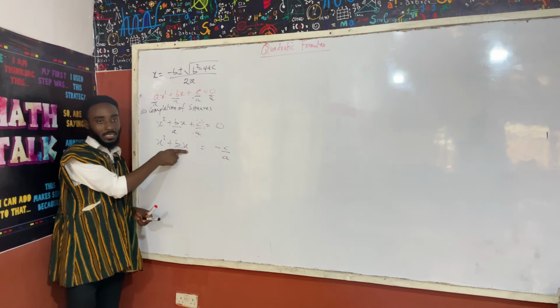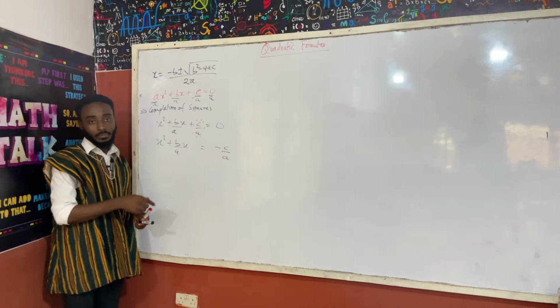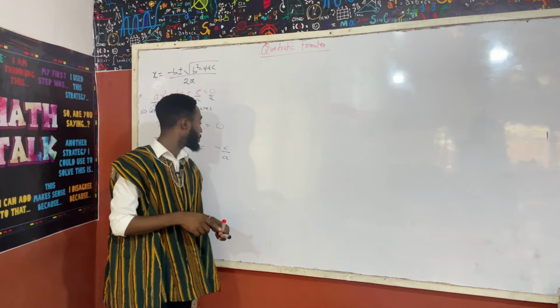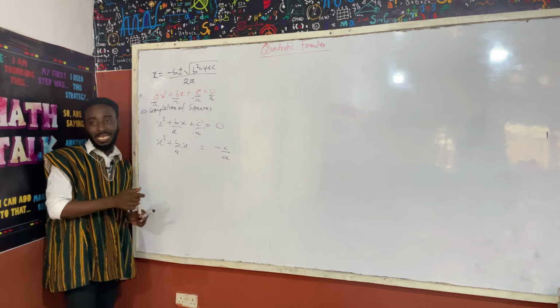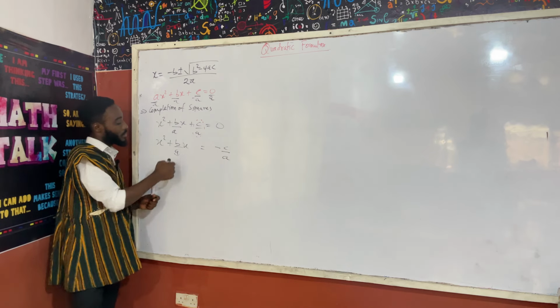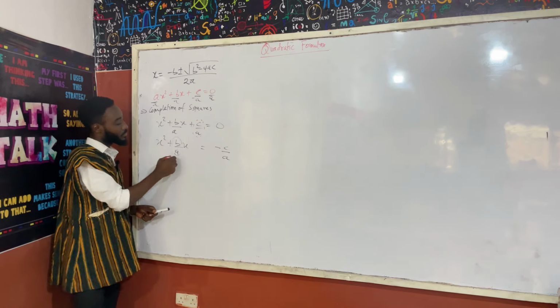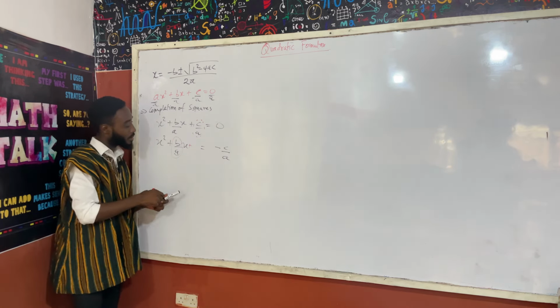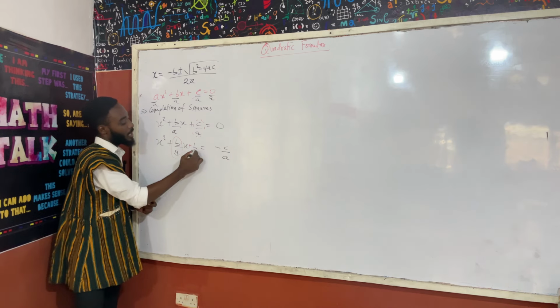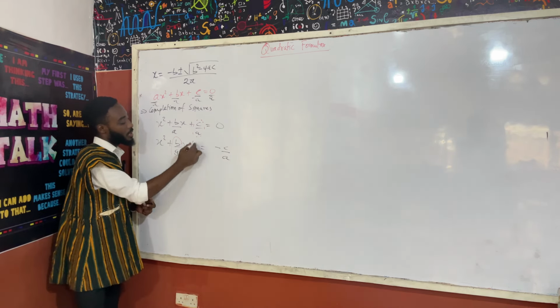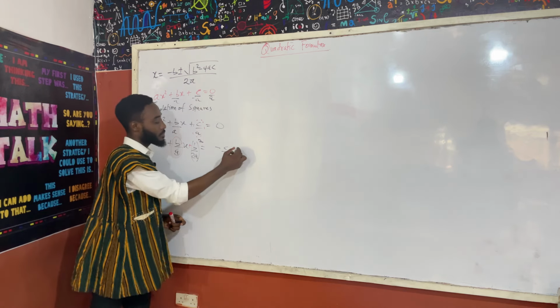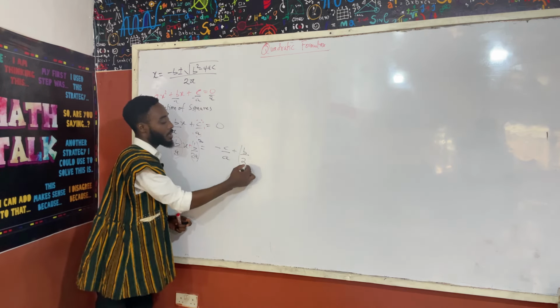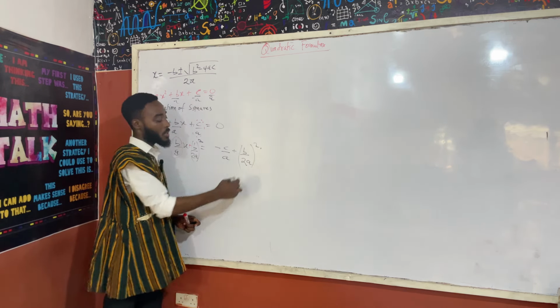That would be half the coefficient of the x term, squared. So I'll have b over 2a all squared, and I also add the same thing, b over 2a all squared, to the other side.